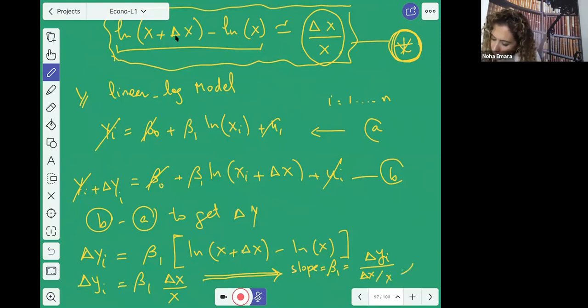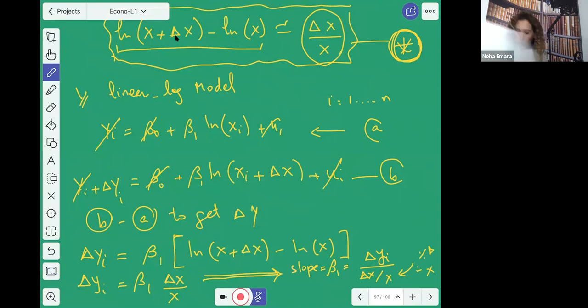So this is a percentage change in x, and this is what we have for a linear-log model. Anytime I'm giving you a model and asking what is the impact of the change in x on y, remember that you will use this formula.